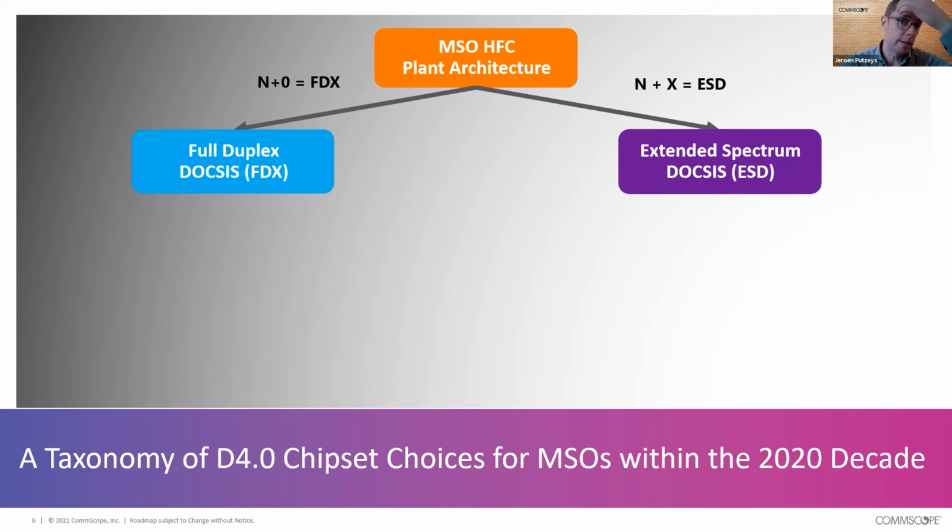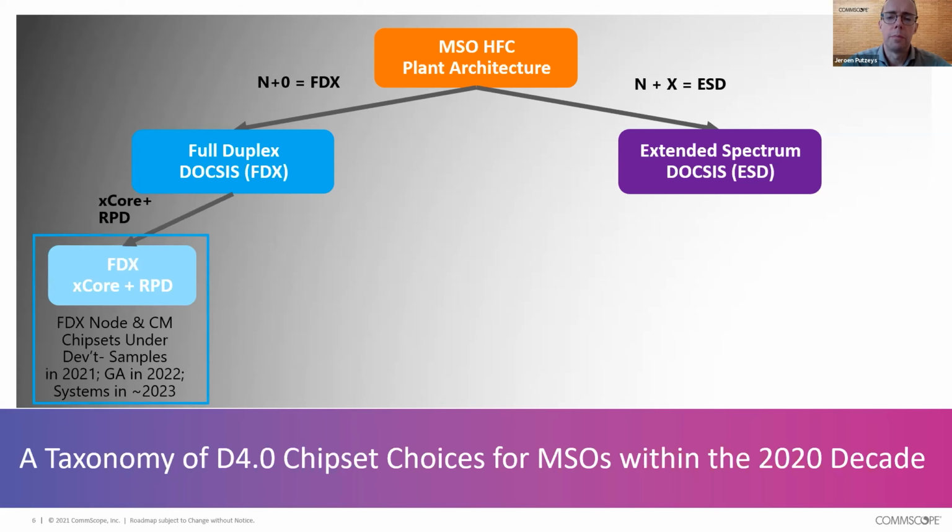For N+X networks, Extended Spectrum DOCSIS has many benefits to offer as well. Whilst DOCSIS 4.0 supports both remote PHY and remote MAC-PHY architectures, there are a couple of specific points that we need to highlight here as part of this chart and presentation to you today.